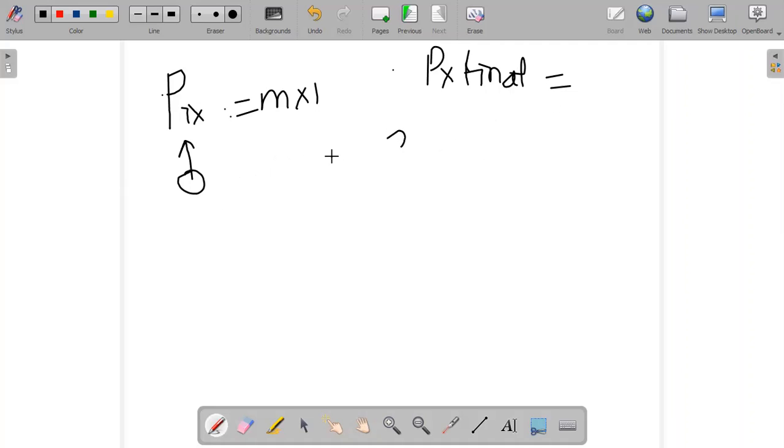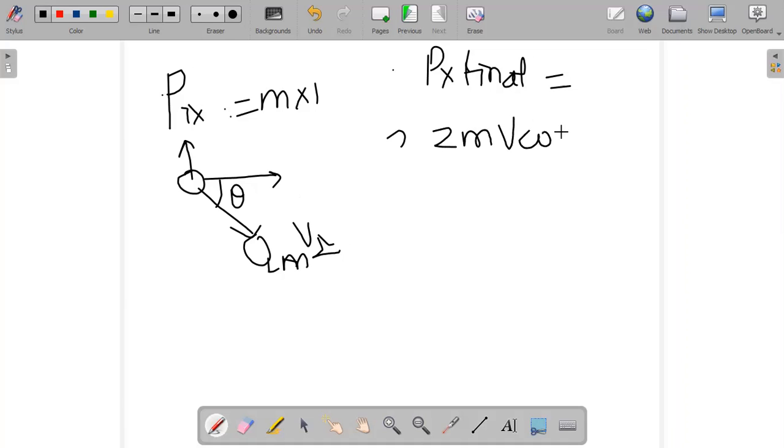So let's say the 2m mass is going in this direction, making an angle theta. Let's say it is moving with the velocity v2. So we can write the momentum will be 2m v2 cos theta. So let's equate these two. Initial momentum and final momentum should be equal, so m into 1.